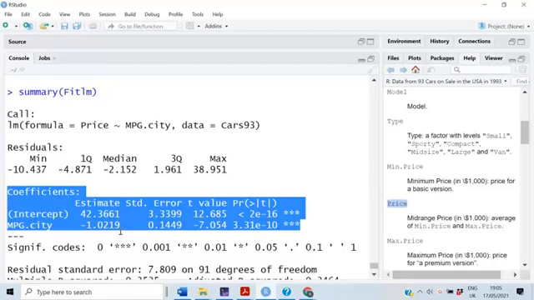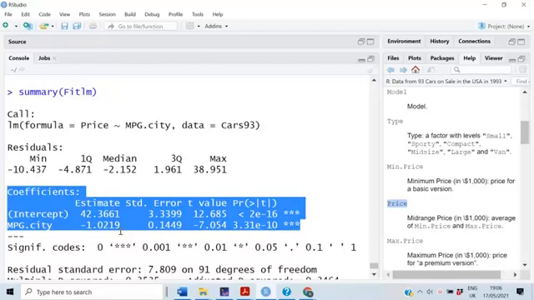So for any 1 miles per gallon increase in the consumption of the car, the average price decreases by what? 1.02 thousand dollars. Is that okay? So this is how you interpret it in relation to the problem you are dealing with.